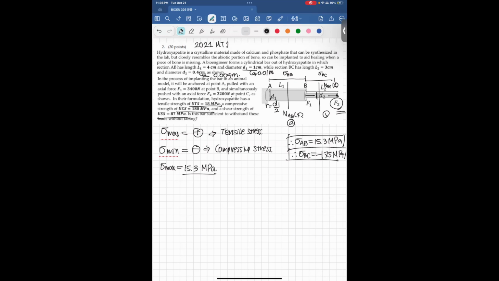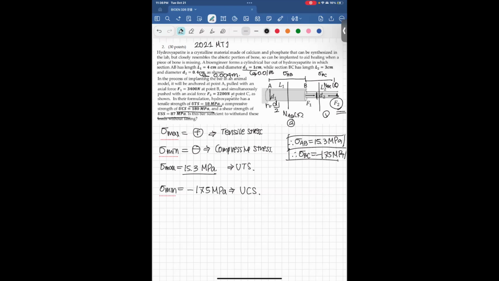So we will compare this with UTS. And sigma min is going to be negative 175 megapascal, and we will be comparing this with UCS because of compressive stress.